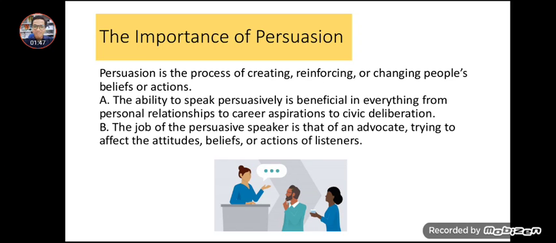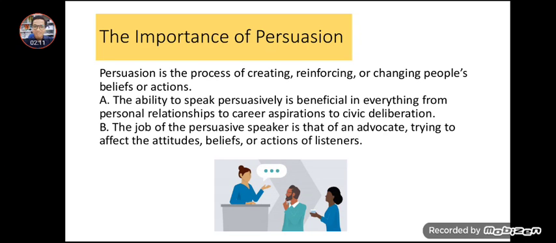We move to the importance of persuasion. So, persuasion is the process of creating, reinforcing, or changing people's beliefs or actions. In this particular sense, in our speech, we try to influence others.